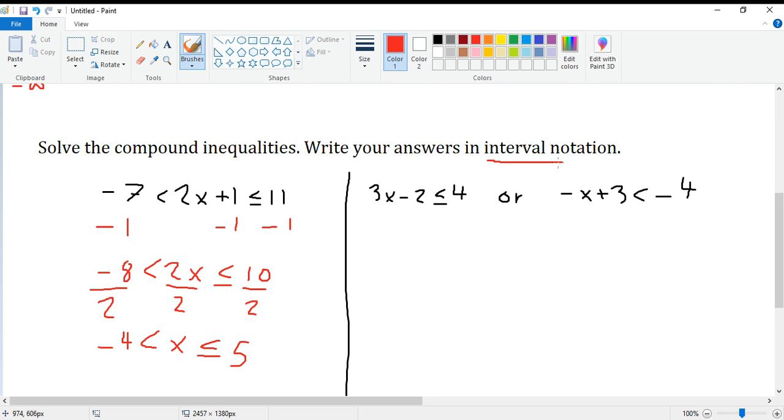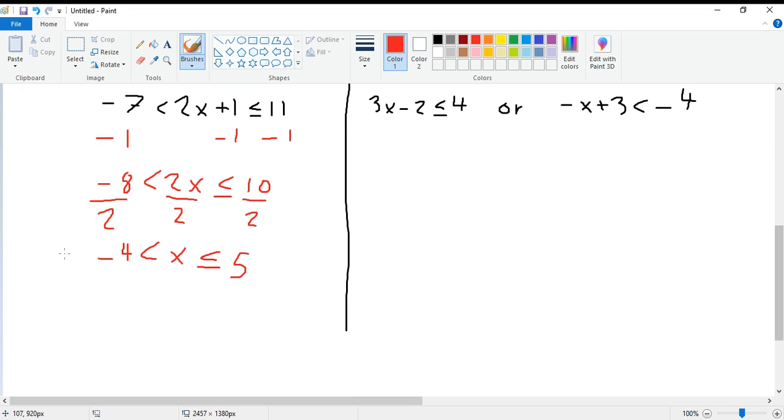Directions, though, say they want the answers in interval notation. So we're not in interval notation yet. Once you've done enough of these, you would be able to figure out interval notation directly from what we have already, but let's graph just for practice. Put the numbers negative 4 and 5 on your number line.